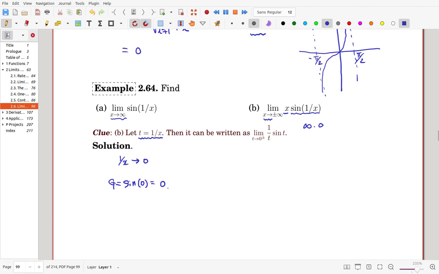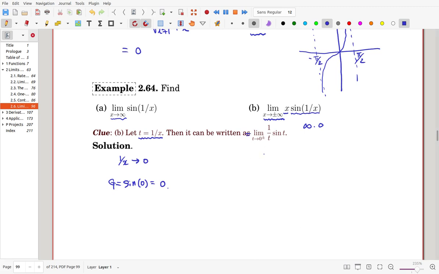Once x is approaching plus or minus infinity, t is approaching 0 from the corresponding side, so the given term becomes sine t over t.